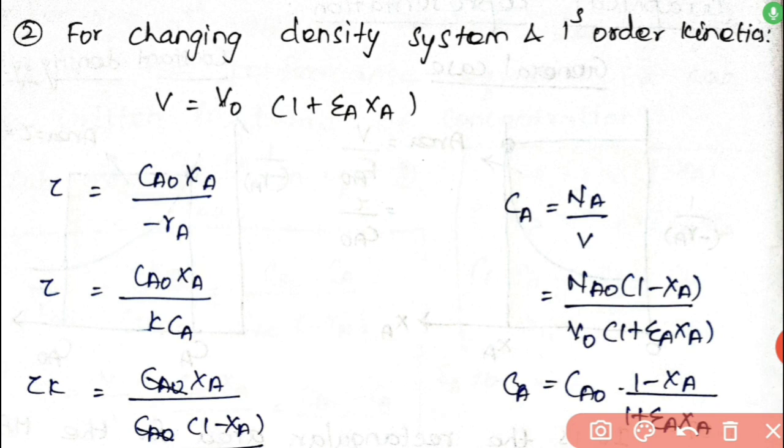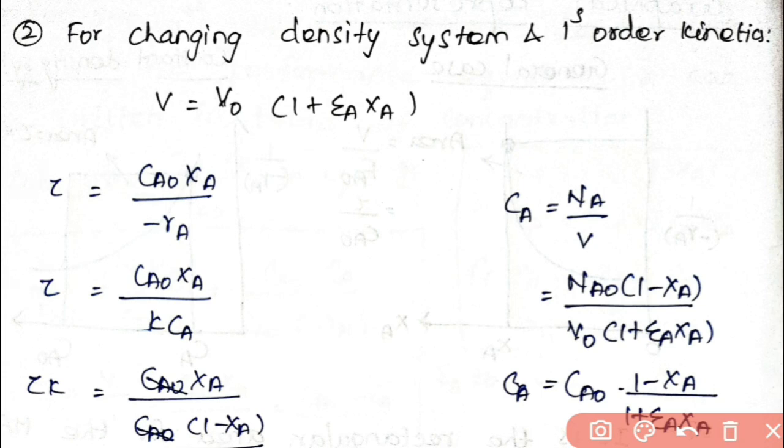Next we will see the changing density system for first order kinetics. For the changing density system we are going to derive only in terms of conversion. We know that space time tau is equal to Ca0 into Xa divided by minus Ra, and minus Ra for a first order reaction is K Ca. So tau is equal to Ca0 into Xa divided by K Ca.